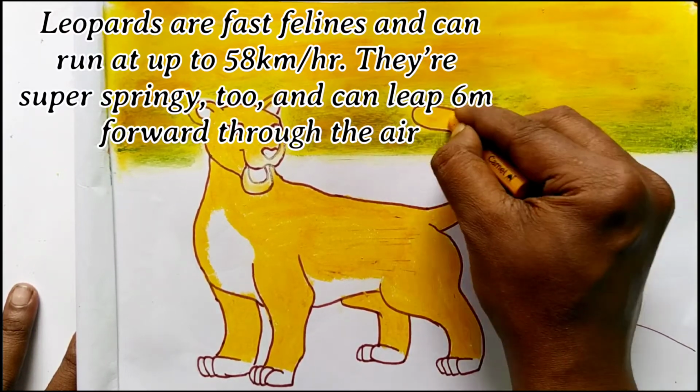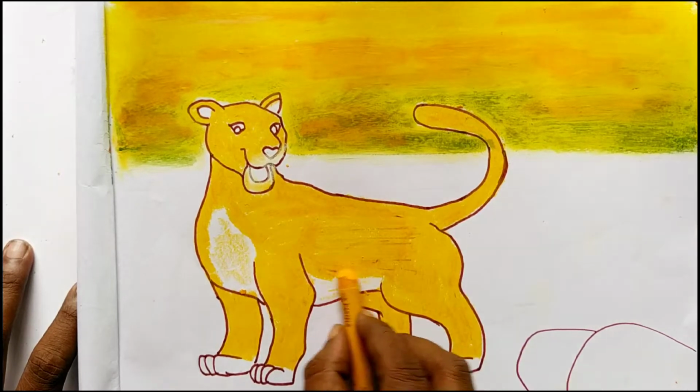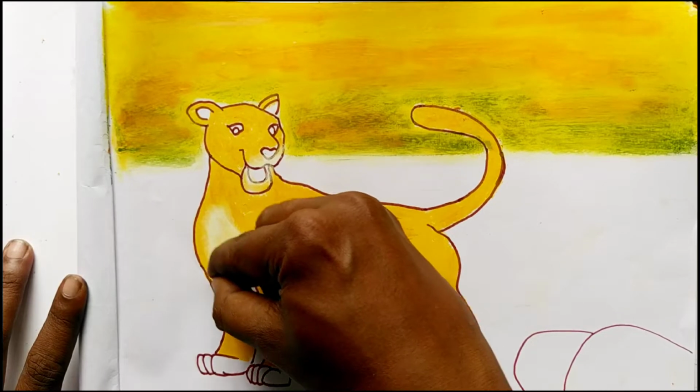Leopards are fast felines and can run at up to 58 km/h. They're super springy, too, and can leap 6 meters forward through the air.